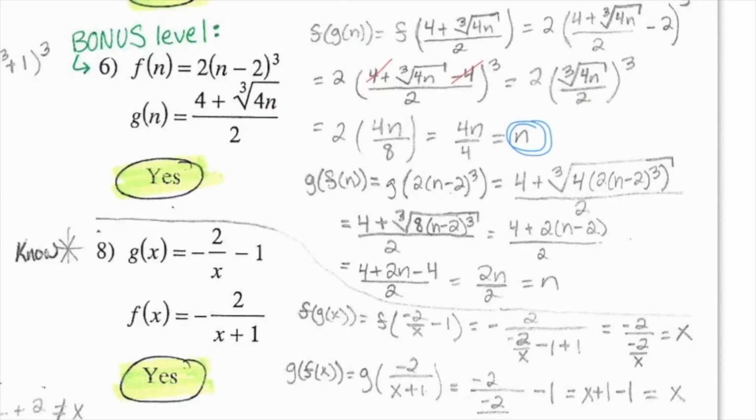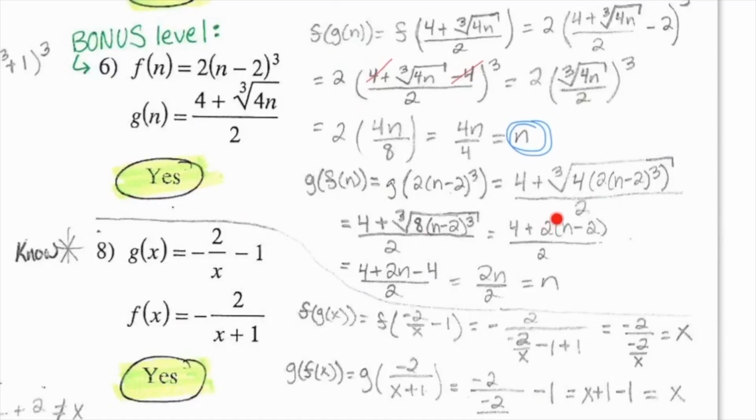And if we simplify the 4 and the 2 on the outside, that's just 8. And then we are taking the cube root, again, of something cubed. So the cube root of 8 is 2, and the cube root of something cubed is just that expression, n minus 2.